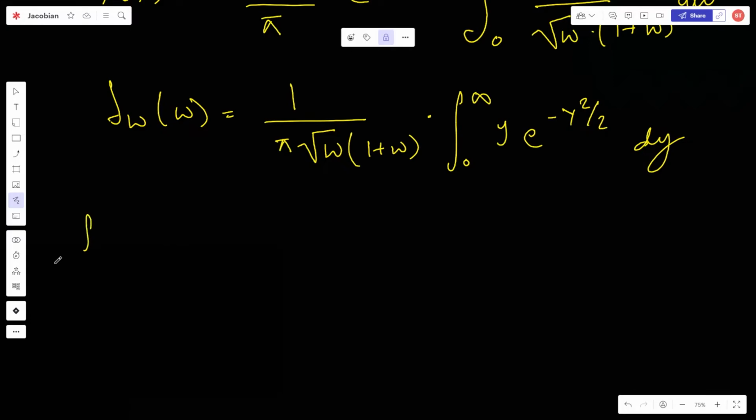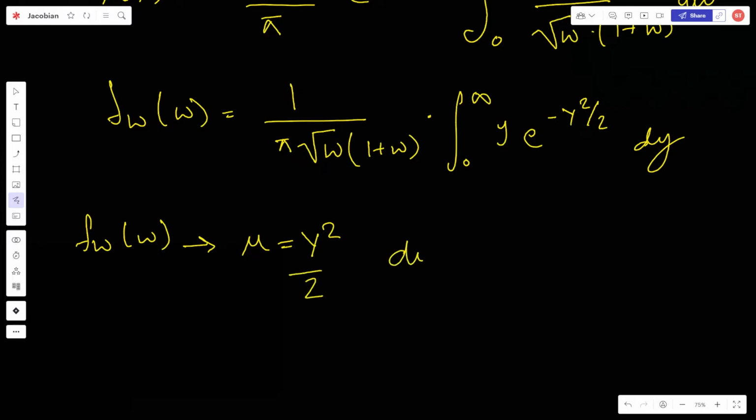This looks like a simple u substitution, so you have u equals y squared over 2. If we were to take the derivative of u, that's just going to give us y dy, because derivative of y squared is just 2y. Simplifying it gives us y dy.